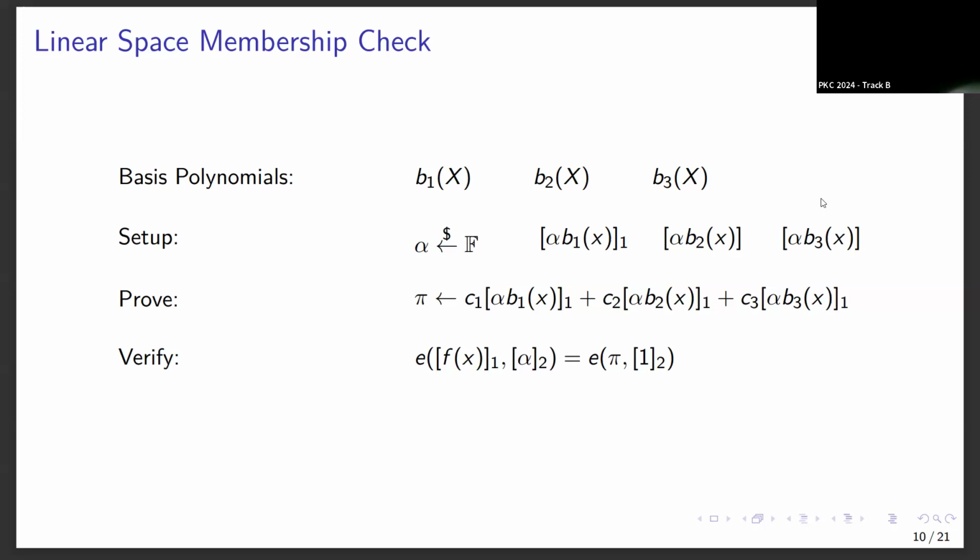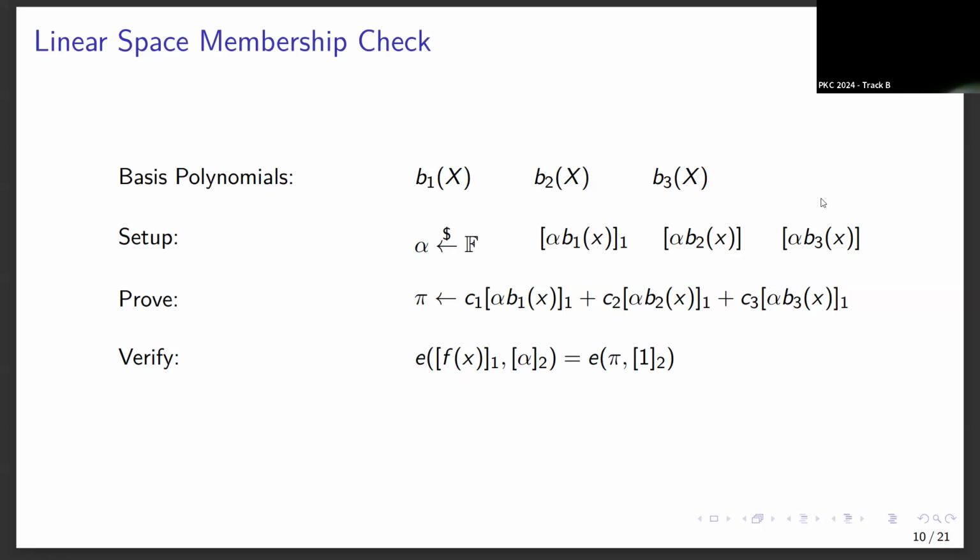This new equivalent statement can be easily checked by an old technique that has been extensively used in some early-age SNARKs like Groth16. The idea is to secretly sample a random alpha in the setup stage, multiply this alpha to every basis polynomial, and produce the commitments to these basis polynomials after multiplying by alpha.